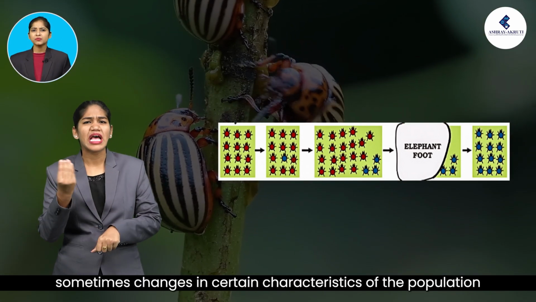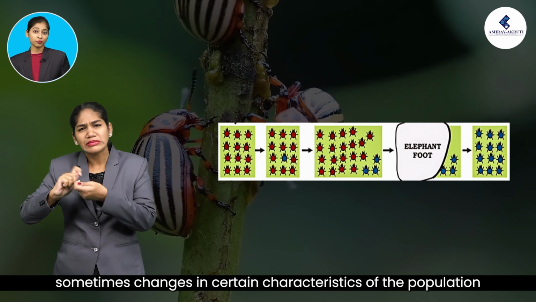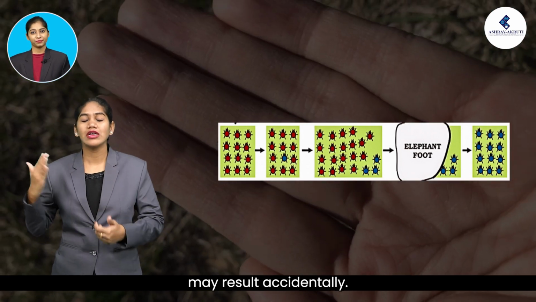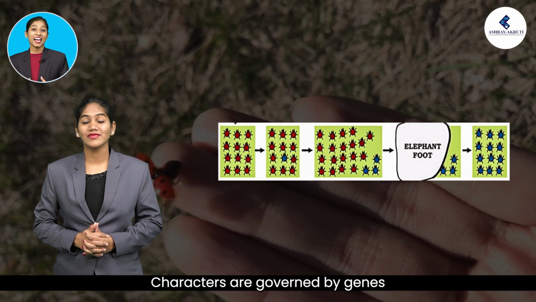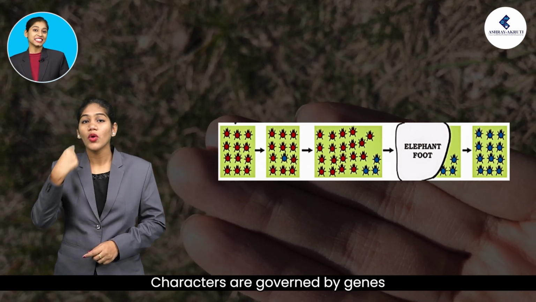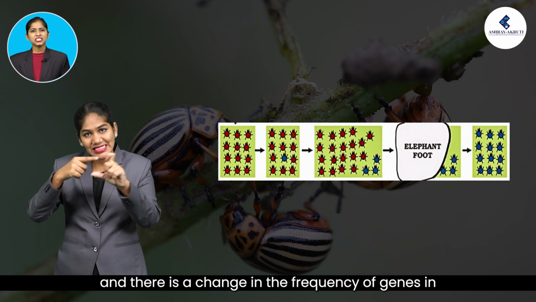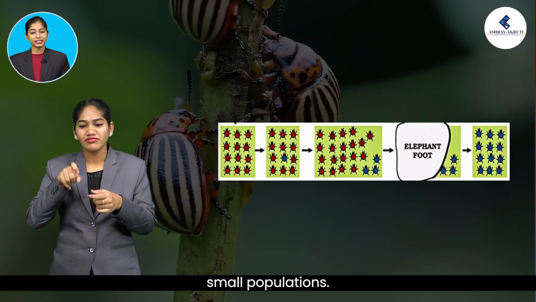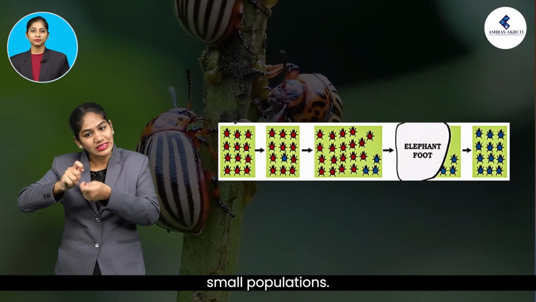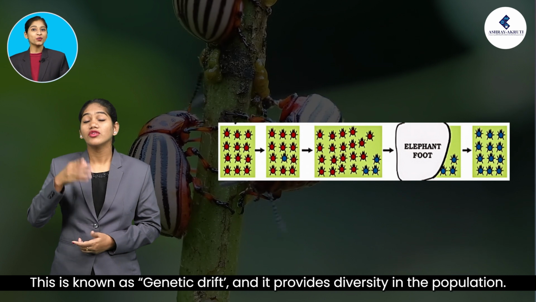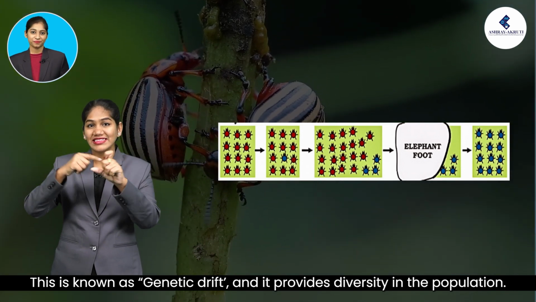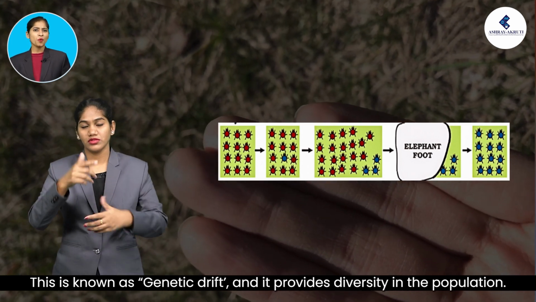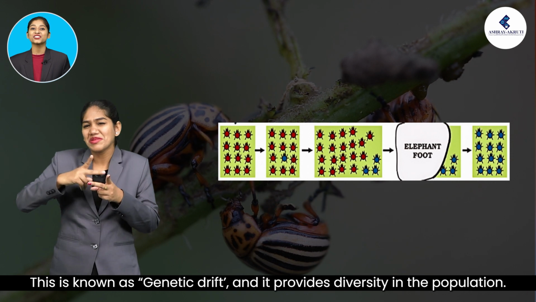Thus, sometimes changes in certain characteristics of the population may result accidentally. Characters are governed by genes, and there is a change in the frequency of genes in small populations. This is known as genetic drift, and it provides diversity in the population.